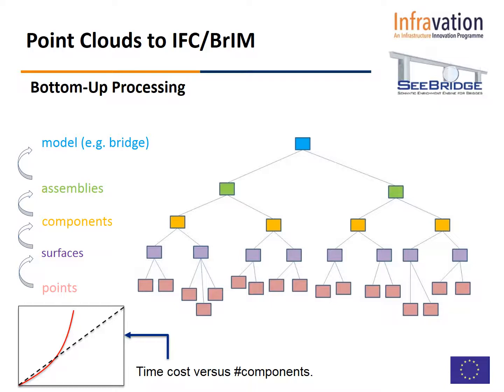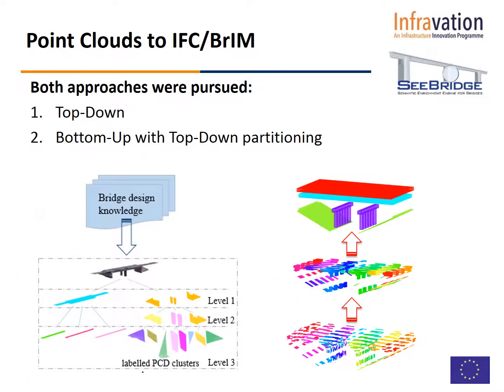And if you think about it, that's the methodology that we use to build a puzzle. So we actually want to do this with the bridge. Both approaches were pursued. One approach was pursued by the Cambridge sub-team, and the other was pursued by the Georgia Tech sub-team.